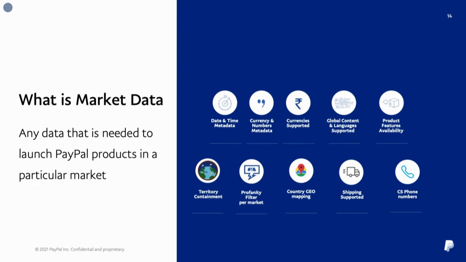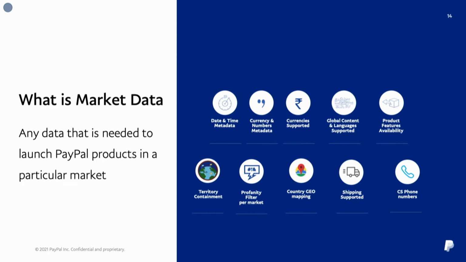Then we have territory containment data. We have a name profanity filter, which is a really interesting use case that we'll cover a little later. Profanity filtering can also be regional, because certain words that we consider very offensive in the United States are actually legal names somewhere in Europe. So it is regionally dependent.